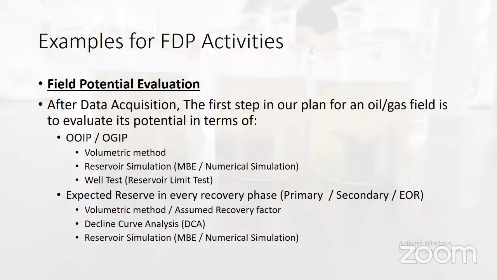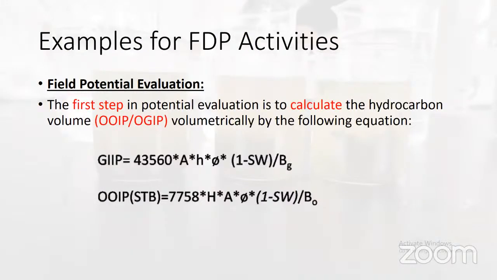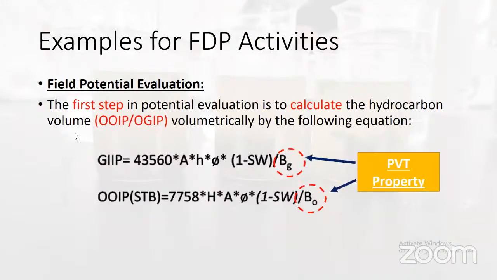Okay. So for the volumetric method, as you can see, that is the equation for the gas in place and the equation for the oil in place. Each equation has certain factors like the porosity, the net pay, the Bo, and the water saturation. Great. So again, we have reservoir rock properties and fluid properties.